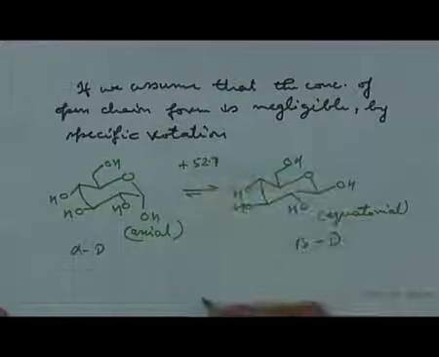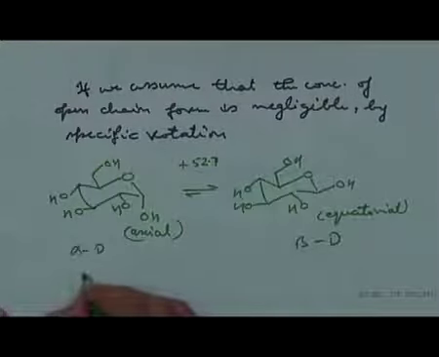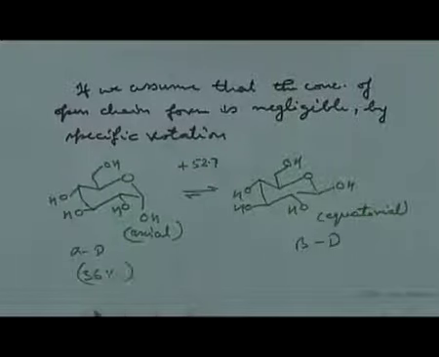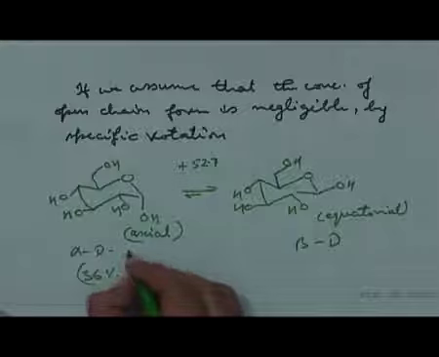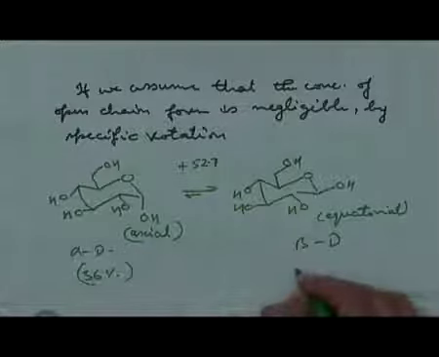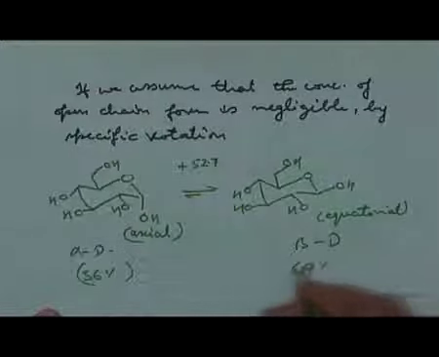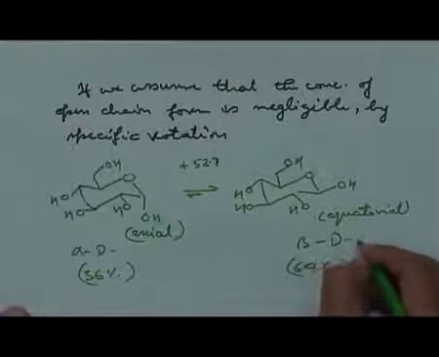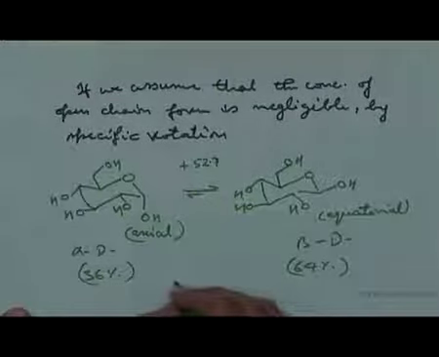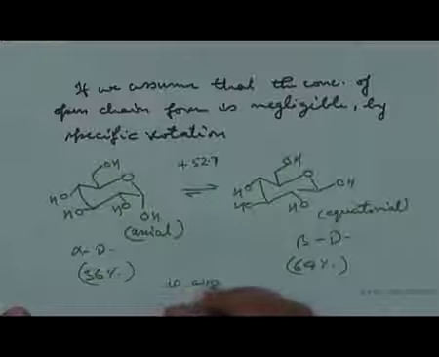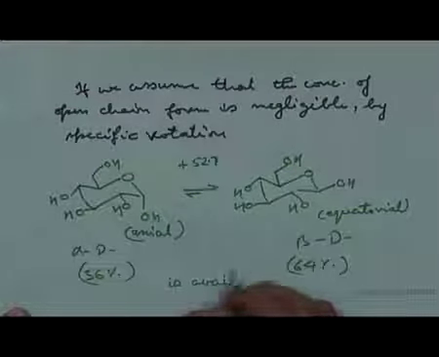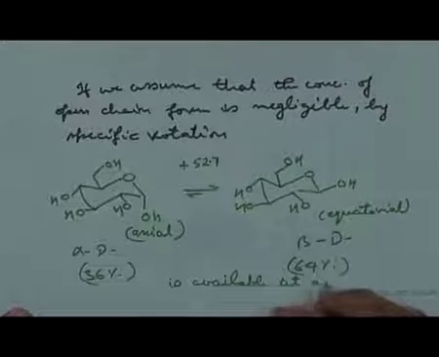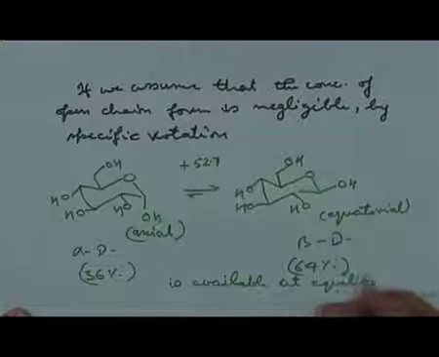If we consider that open chain form is negligible, then 36% of the alpha D-glucopyranose and 64% of beta D-glucopyranose is available there at equilibrium.